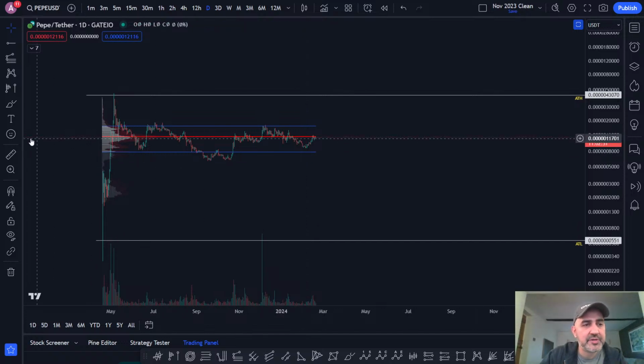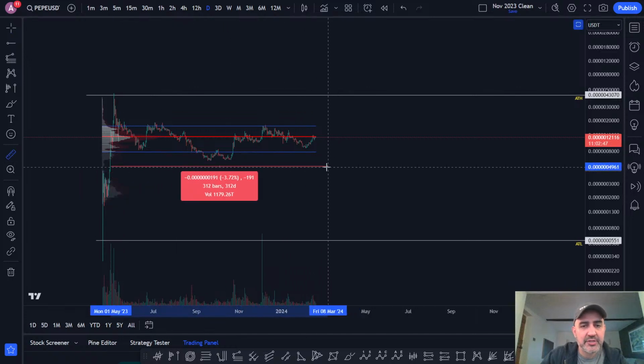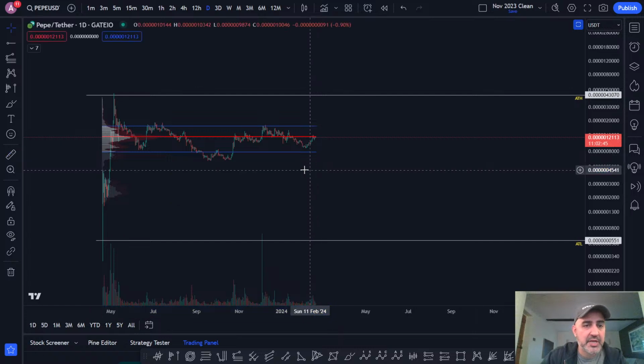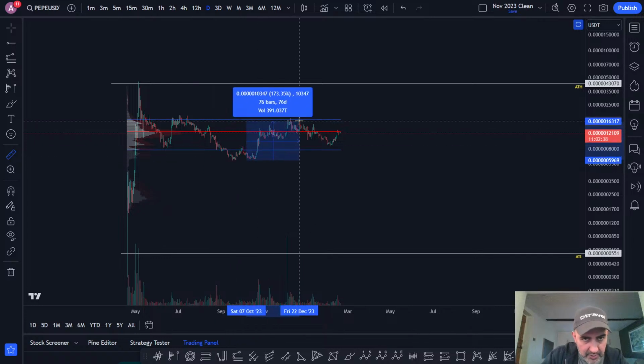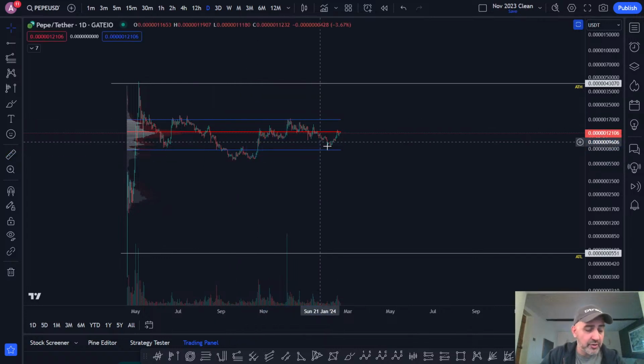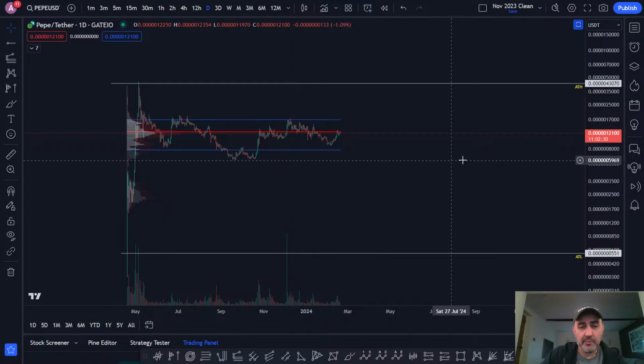Right now we're experiencing quite a long consolidation. It's basically from when you entered the range until now, you're almost a year in. PEPE hasn't moved much in that whole period. From the lows to the highs of this range, you're only looking at about a 200% increase in value.